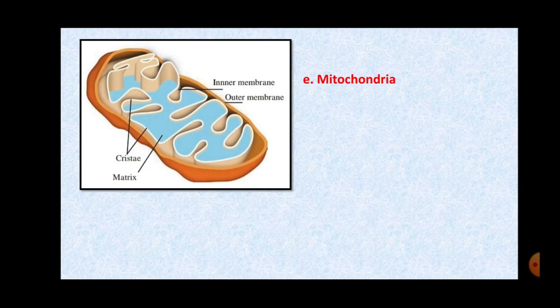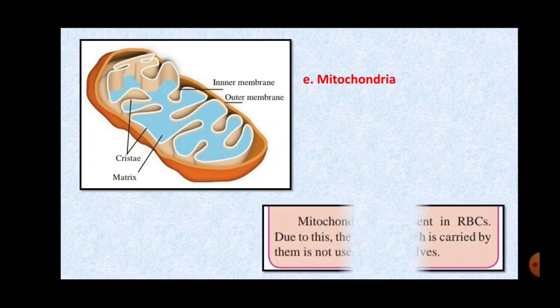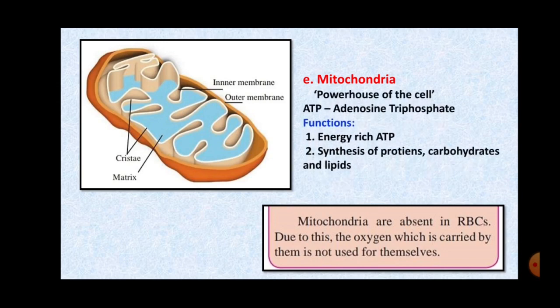So when the oxidation of carbohydrates and fats or food takes place inside the mitochondria, the energy is produced in the form of ATP, that is adenosine triphosphate. Now it is an energy rich compound and this is adenosine triphosphate.